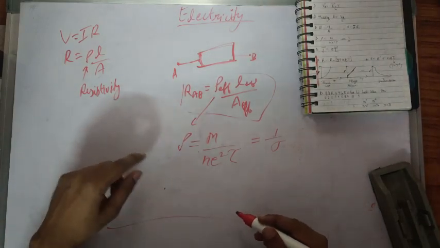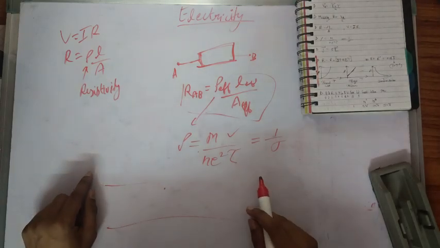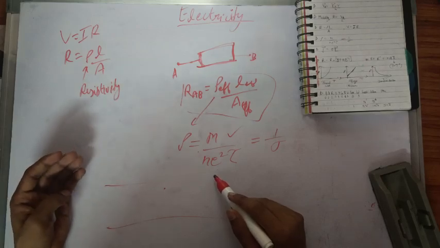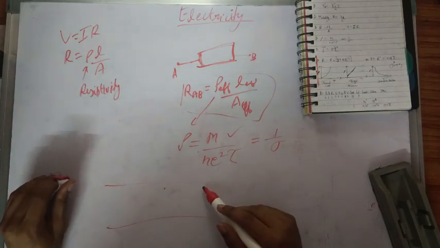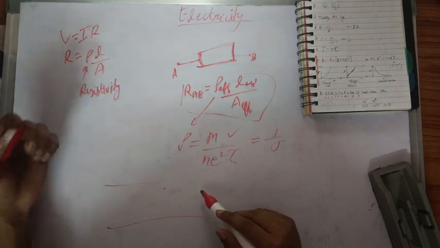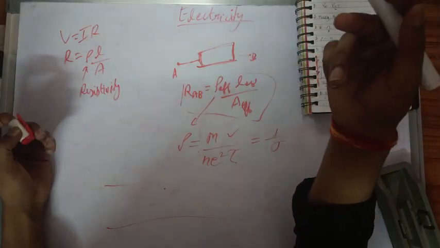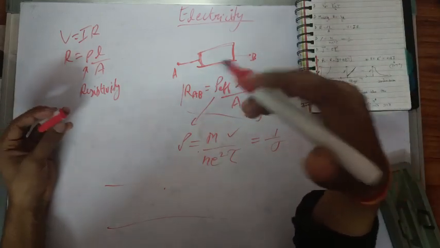It means resistance increases when the mass of the electron increases. And the more the charge of the electron, the more the force on the electron, and hence there will be a larger speed of the electron, which means the current would be large. So if the charge of the electron increases, the current increases, which means resistance is decreasing.